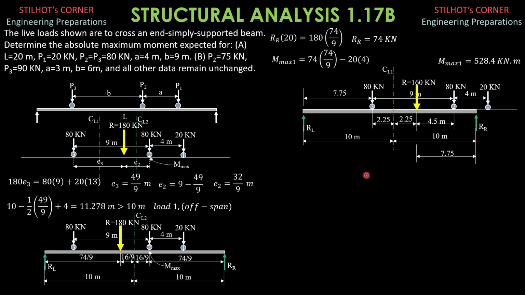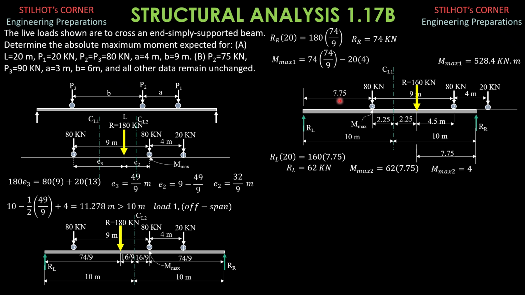So let's solve for RL because the maximum moment is expected under load 3. So RL times 20 meters equals 160 times 7.75. So that means R sub L is equal to 62 kilonewtons. So the maximum moment under load 3, let's call that Mmax2, is simply RL times 7.75.